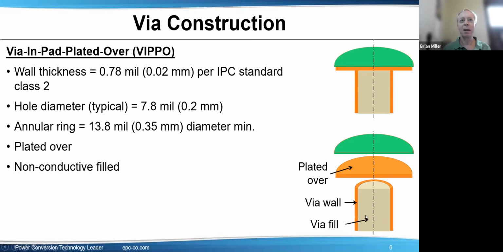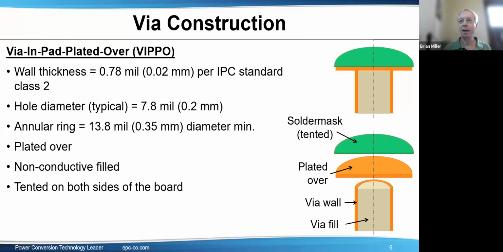Non-conductive fill. The conduction actually is dominated by the wall anyway. So there's not much benefit to having a conductive fill, and non-conductive fill has other benefits. So it's probably just as well, and that's what a lot of board houses prefer. So non-conductive fill works out well. You want them tented on both sides of the board. Here's a solder mask tented over there.